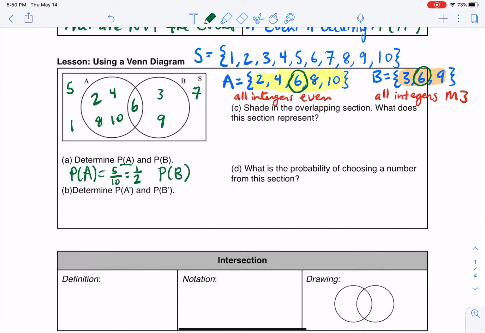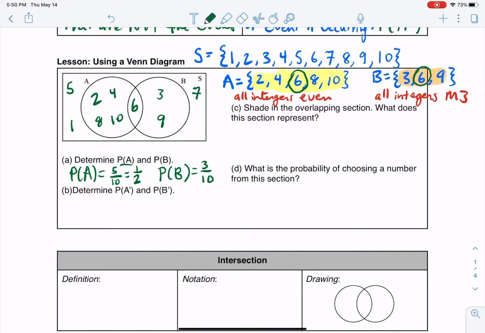Okay, the probability of B. Well, the probability of B happening is everything that is in our circle B or in our set B. So that is 3 out of 10.